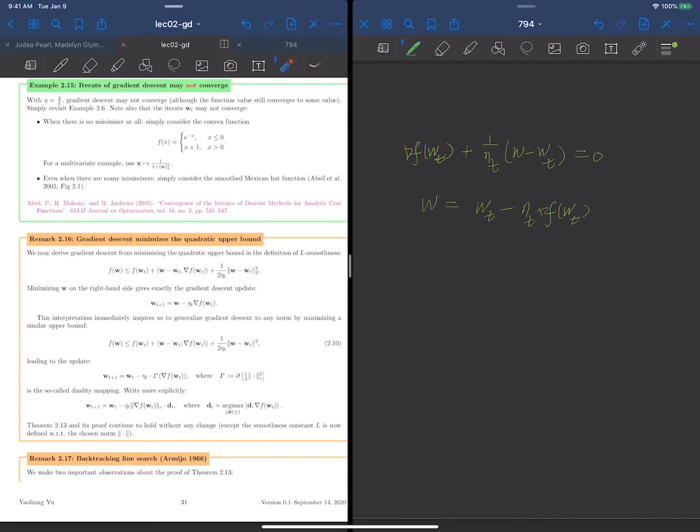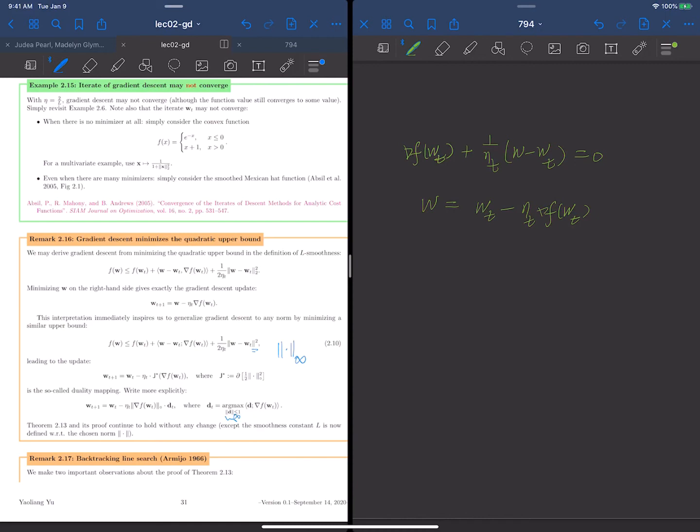So one exercise for you here, before I forget, is if you choose this norm to be the infinite norm. Okay, so now this here is going to be the infinite norm.